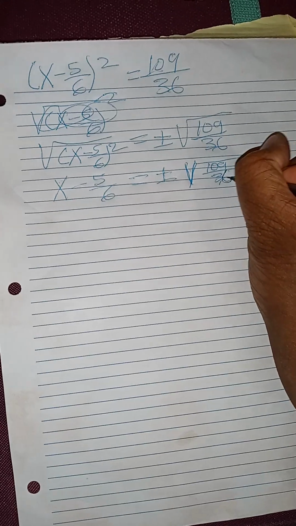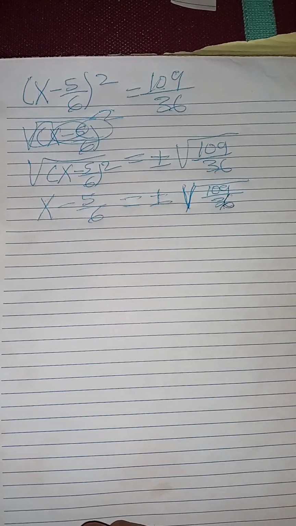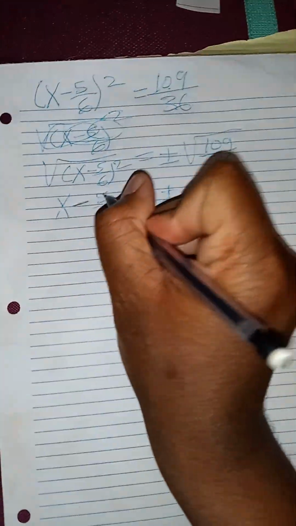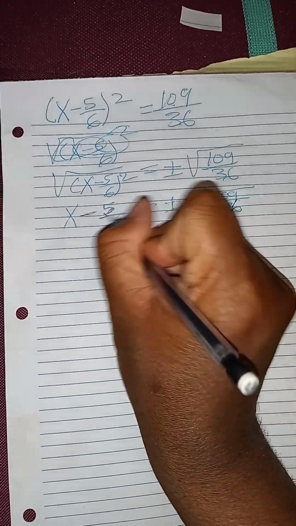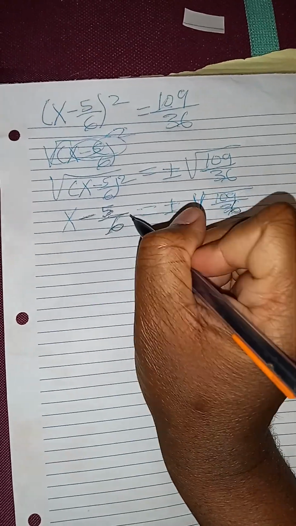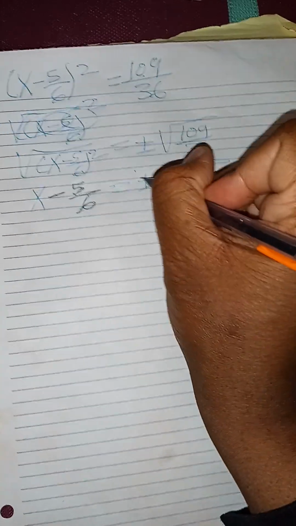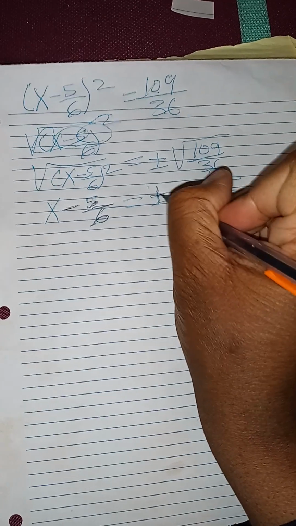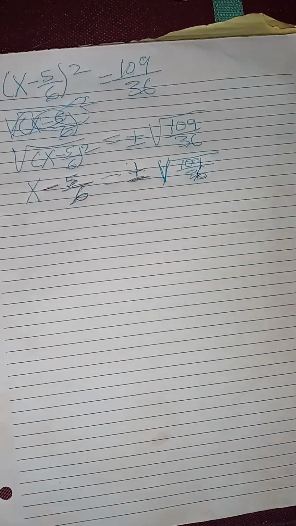Okay? Perfect. So (x - 5)/6 is equal to plus or minus the square root of 109 divided by 36.